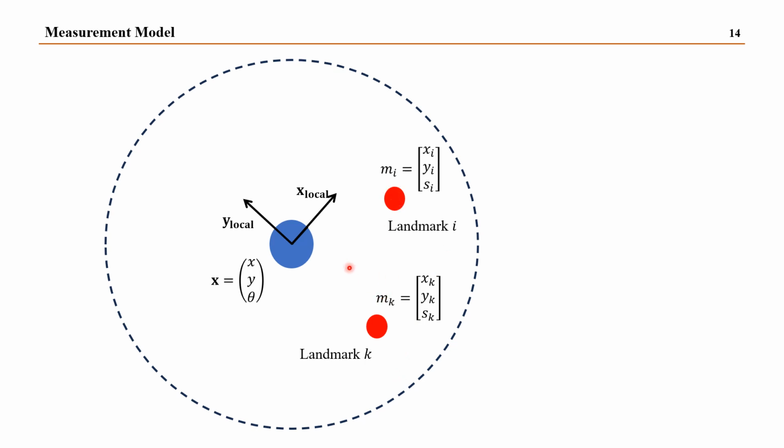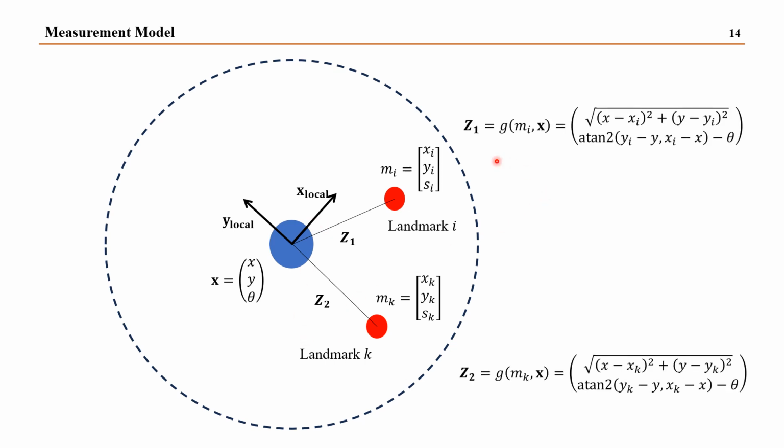Now, in this case, the robot will give us two measurements, Z1 and Z2. Z1 will contain the distance to landmark I and its orientation with respect to the robot's local frame, and the same would apply to Z2. So Z1 will be given by this function, which is G, a function of the landmark and the robot's state.